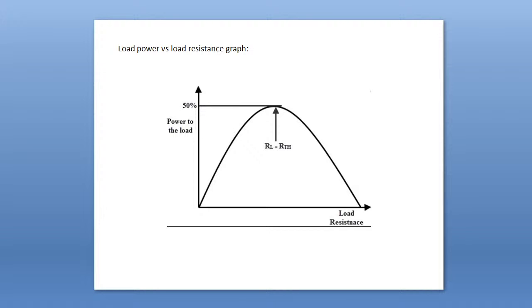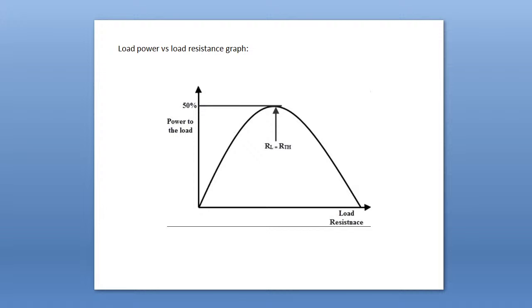Let me explain this. Suppose you connect a supply voltage to your circuit. Then the current corresponding to the supply voltage will reach your load side, and you will get a load voltage.